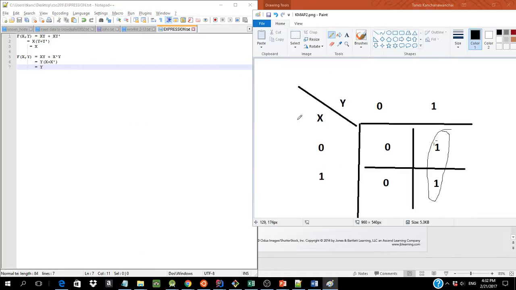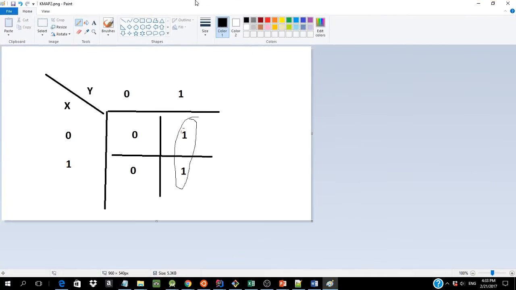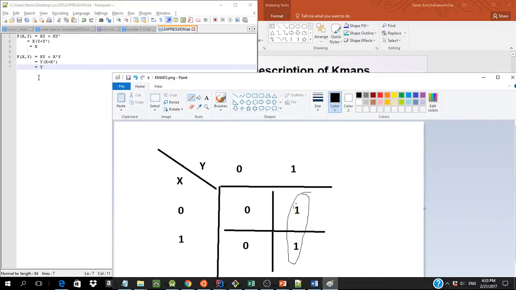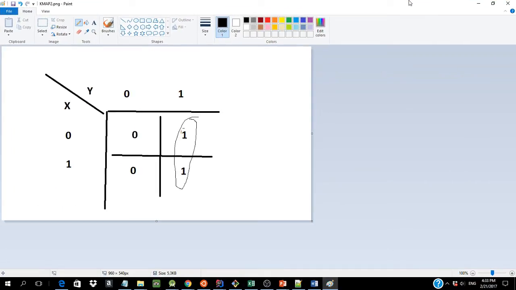And now after you have this one group, you're going to look at, oh, it's y. So we just finished simplifying it, xy. Correct? Because this group has the same thing, which is 1, which is y. So that's how you simplify it.